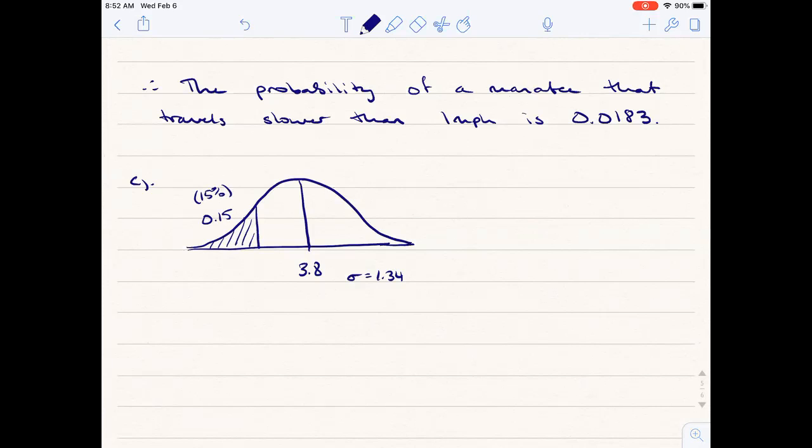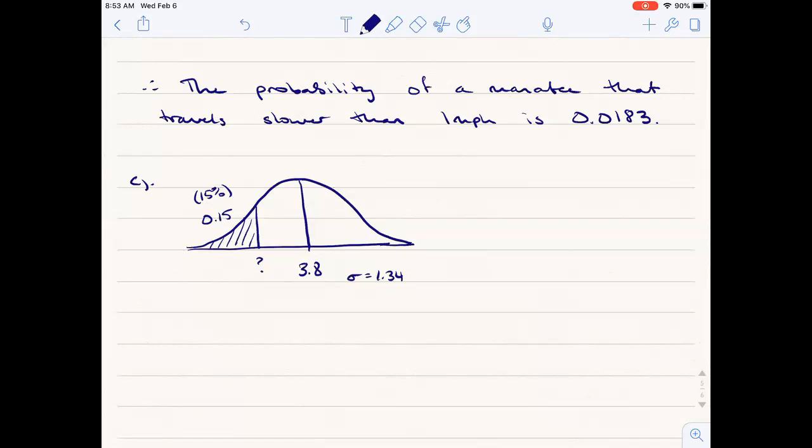So now what I'm looking for is this little guy. So before we had this guy, and we turned it into a z-score, and then we used that z-score to find this area. Now we're just going to backtrack. Right now we have this area. We can go into the z table to find this area, find the z that it matches up with, and then we can solve for x.